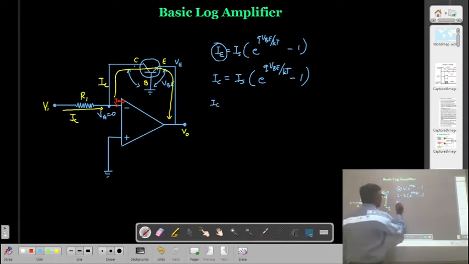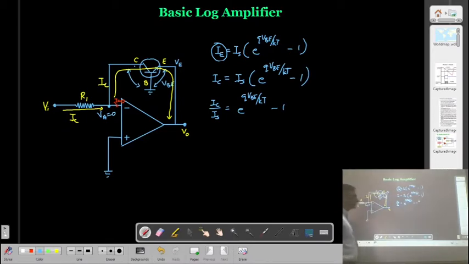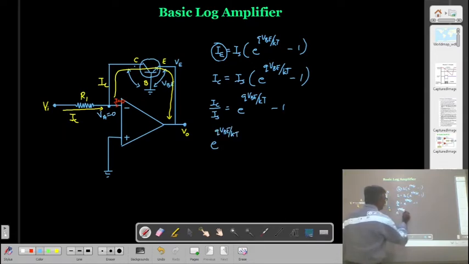So IC by IS is equal to e raised to QVBE by KT minus 1, and therefore we can write e raised to QVBE by KT equal to IC by IS plus 1.